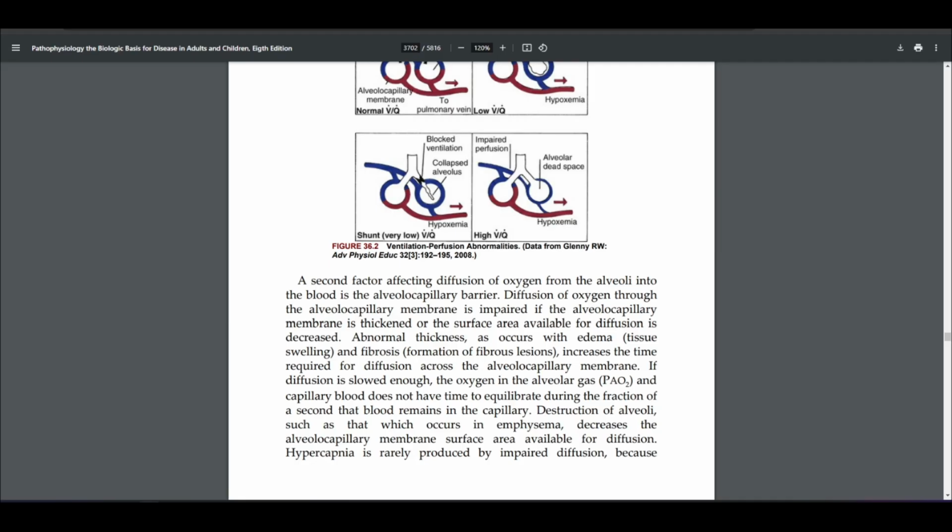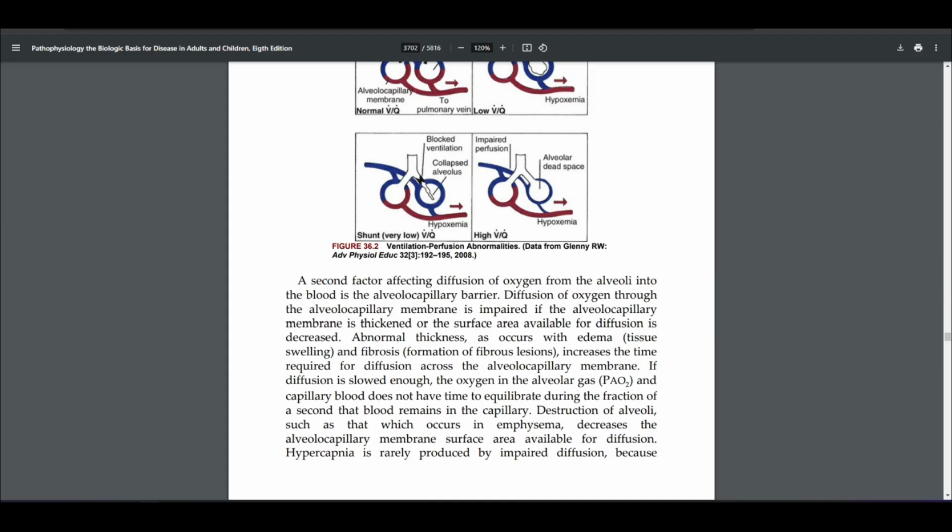Abnormal thickness, as occurs with edema, that is tissue swelling, and fibrosis, the formation of fibrous lesions, increases the time required for diffusion across the alveolar capillary membrane. If diffusion is slowed enough, the oxygen in the alveolar gas and capillary blood does not have the time to equilibrate during the fraction of a second that blood remains in the capillaries.